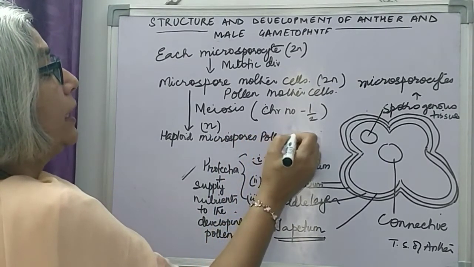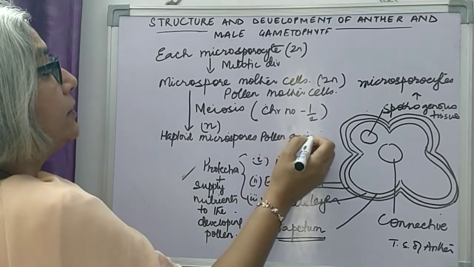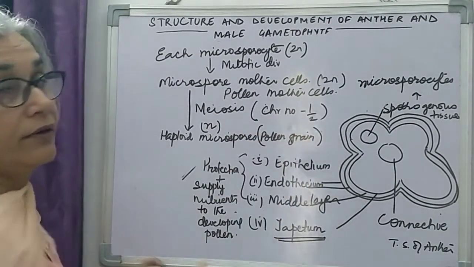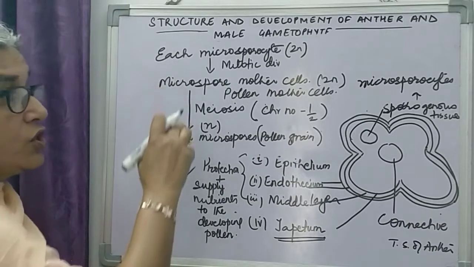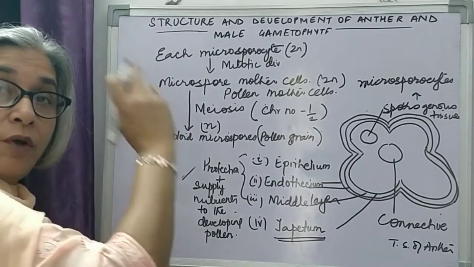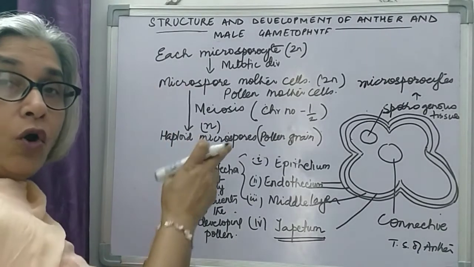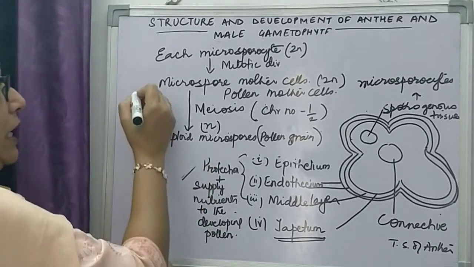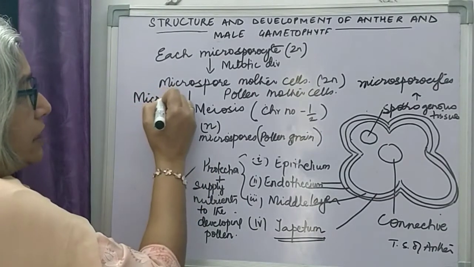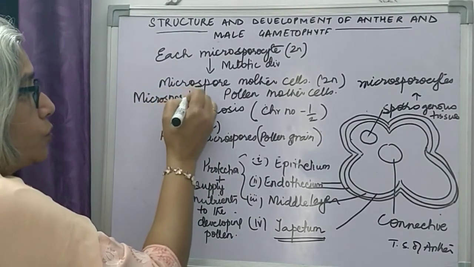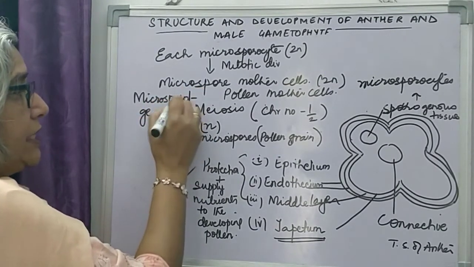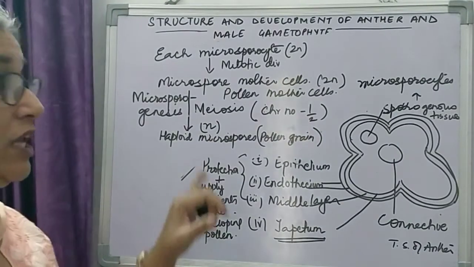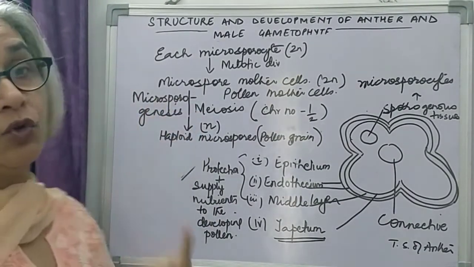And a pollen grain is the male gametophyte. So pollen grains are formed. This formation of microspores from the pollen mother cell or the microspore mother cell is called microsporogenesis. Genesis word means formation of the microspores.